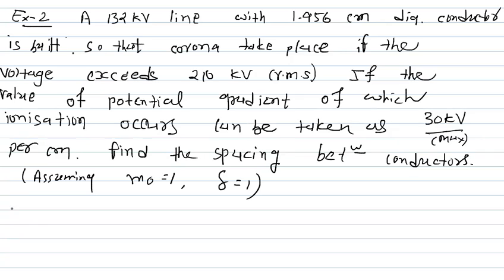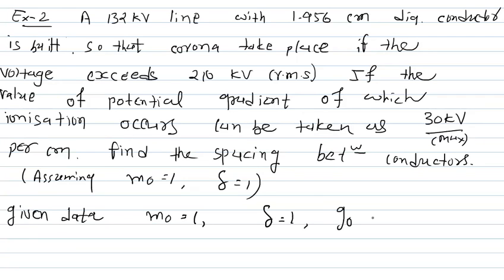Now the given data: so we have M0 equal to 1, delta equal to 1, right? Then G0 equal to 30 by root 2, it is 21.1 kilovolt per centimeter, which is given, right?